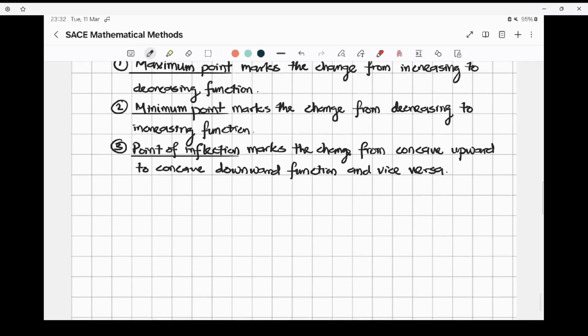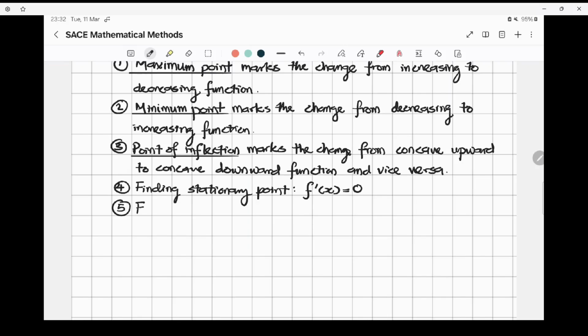So then, if you want to find a stationary point, you just need to solve f prime x equals 0.